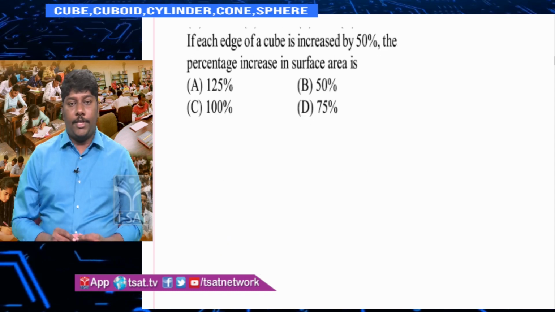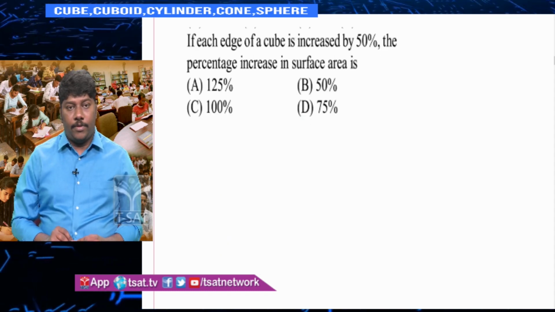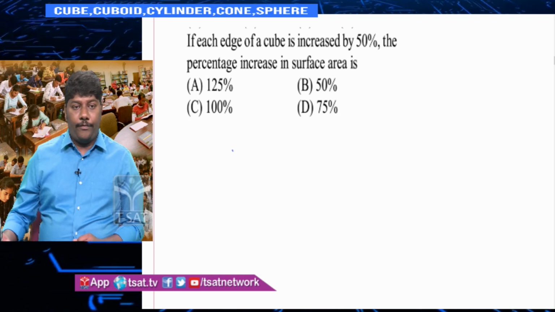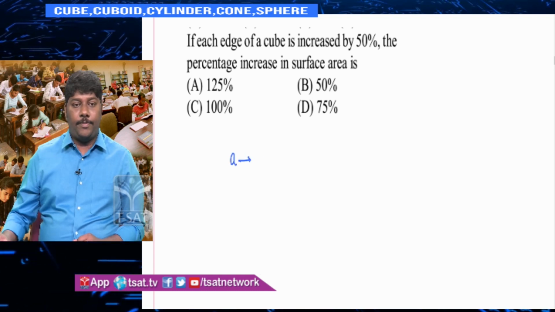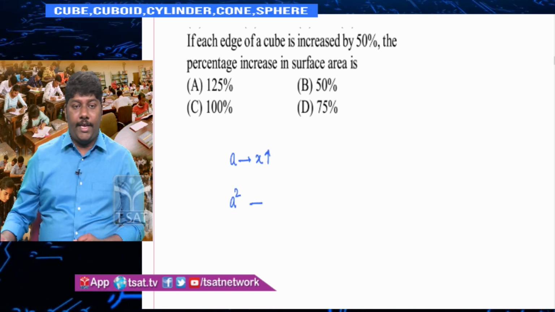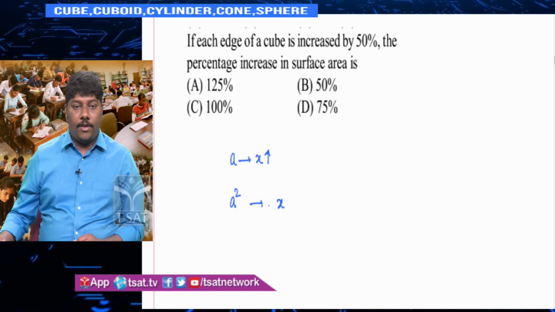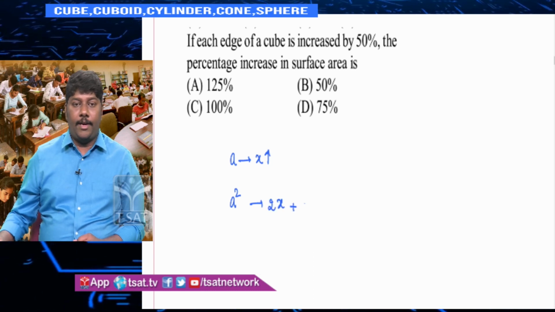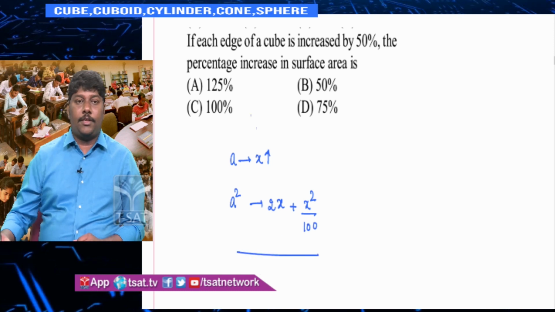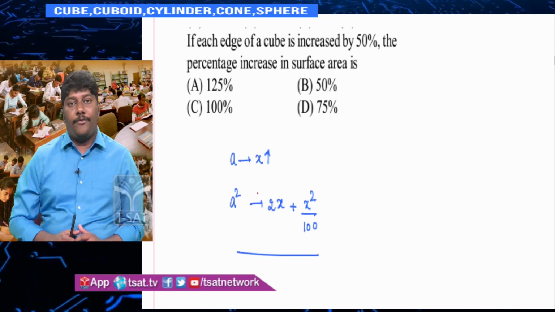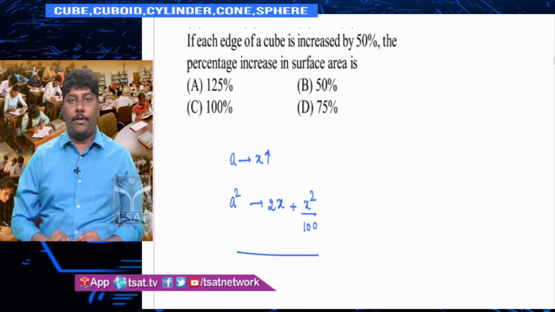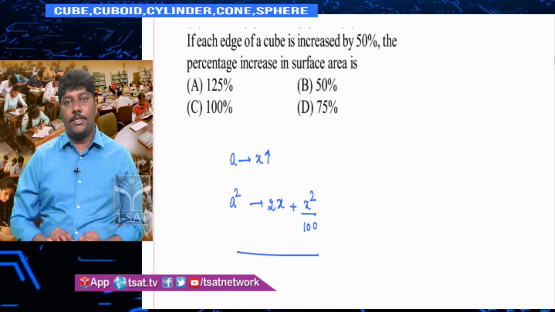If the edge of the cube is increased by 50%, then the percentage increase in the surface area. If edge A is increased by x%, area means A square. A square is increased by 2x plus x square by 100. I am giving you the direct formula. I told you in the basics, now I am giving it as a direct formula. If suppose it decreases by x%, the answer is 2x minus x square by 100 would be the decrease in the surface area.